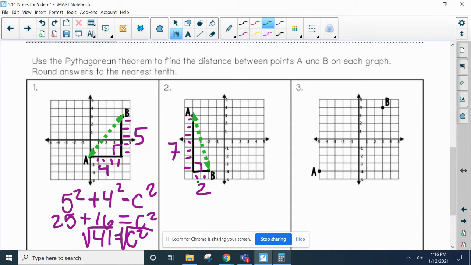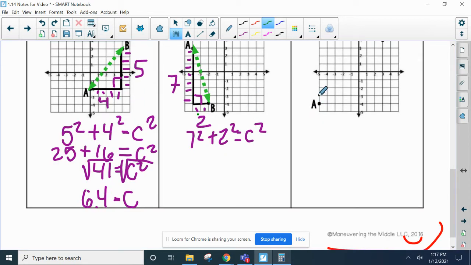These are our right angle because those are our two straight lines that form a right angle on our coordinate plane. So we know 7 squared plus 2 squared is going to give me that diagonal squared. So we're going to square both of those. I know 49 plus 4 equals that diagonal distance length squared.